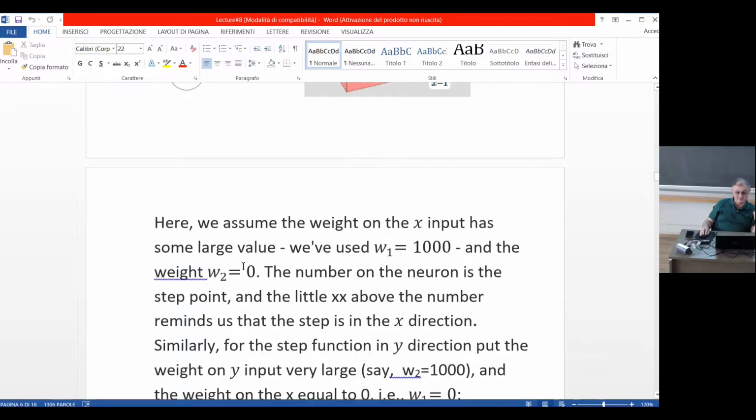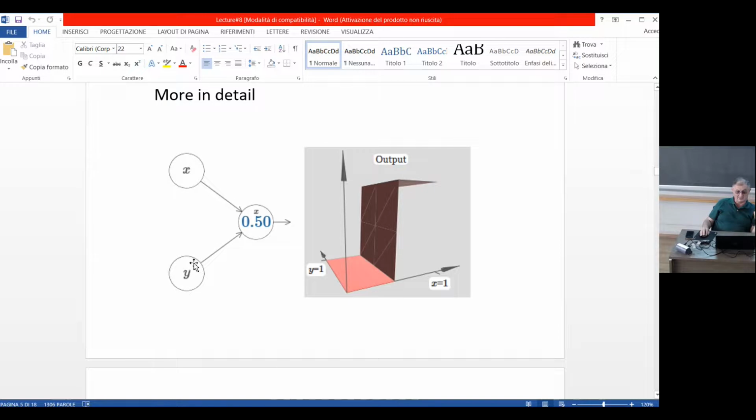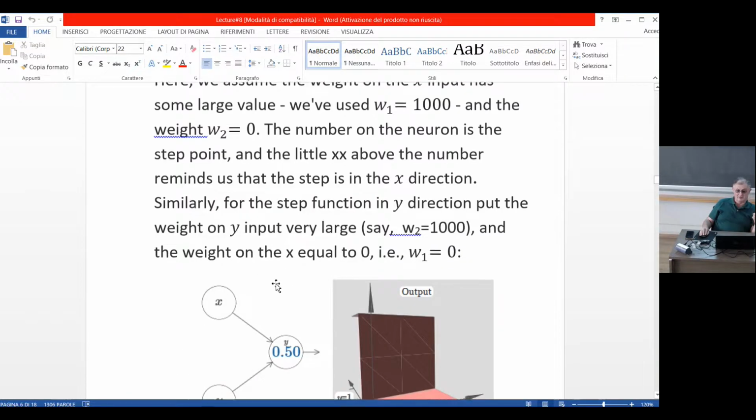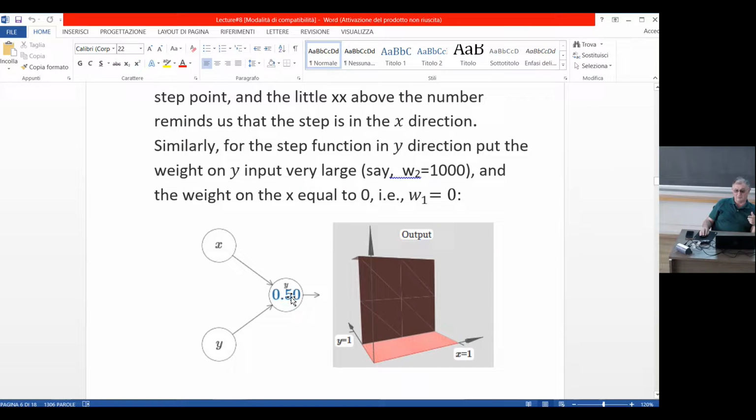So we have here x, and the coordinate of the jump by x is 0.50. In a similar way, we have y, jump coordinate 0.50.